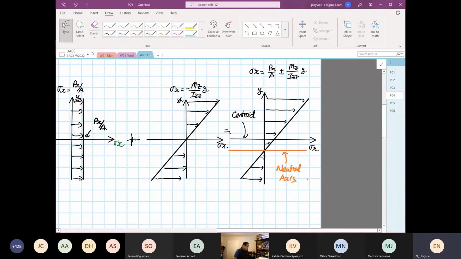Now, the next one, I'm going to go into a bit on failure analysis. At which point do we calculate where the failure will be?